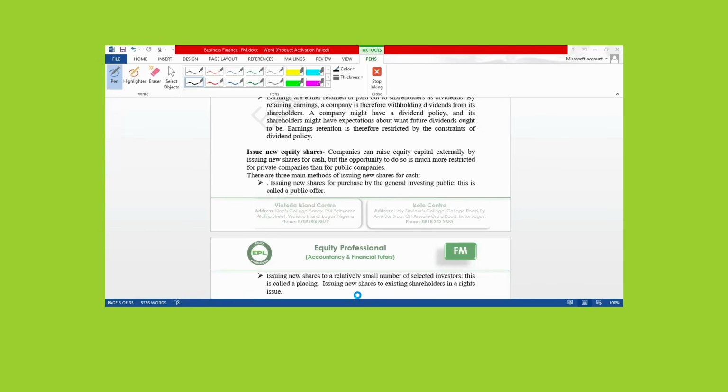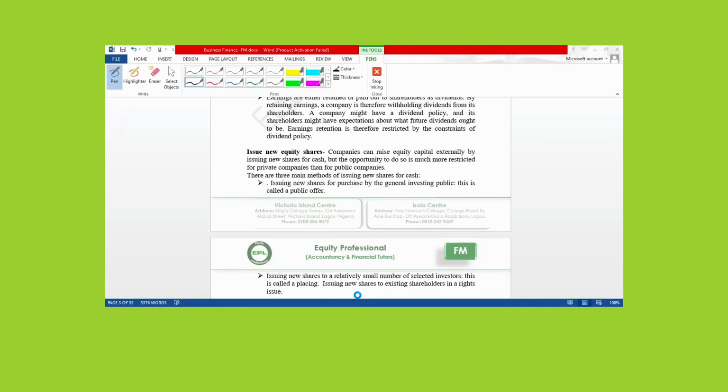We said public offer is issuing new shares for purchase by the general public. You are issuing new shares to the general public for purchase for the purpose of sourcing finance.